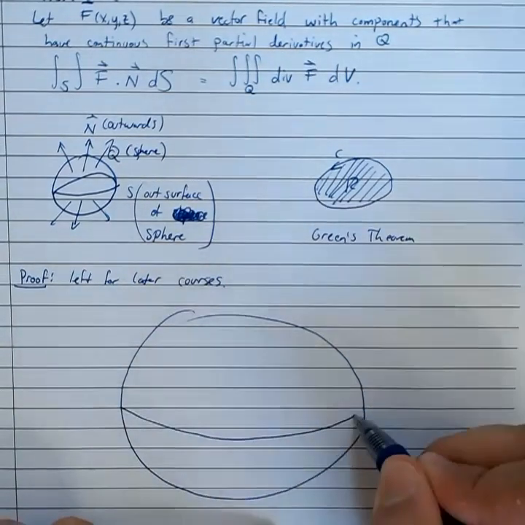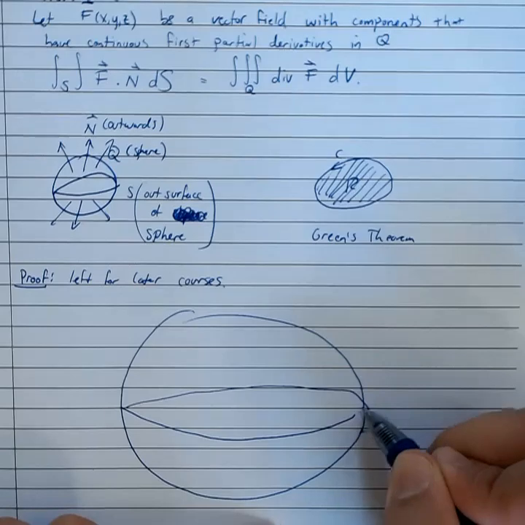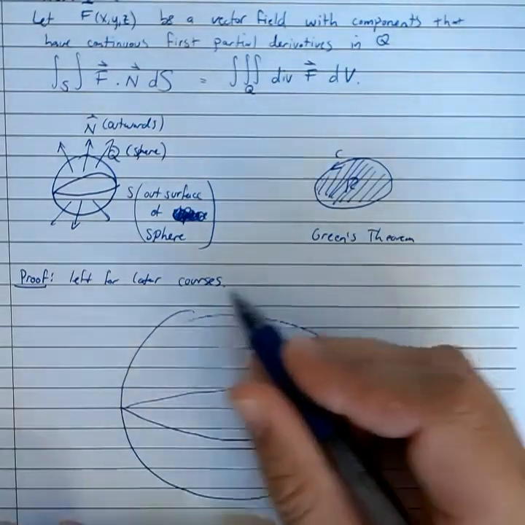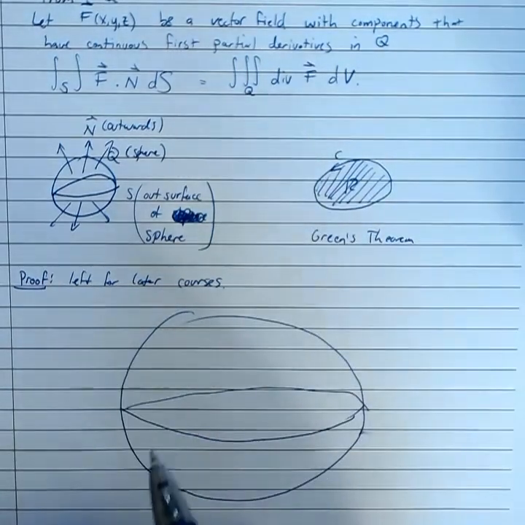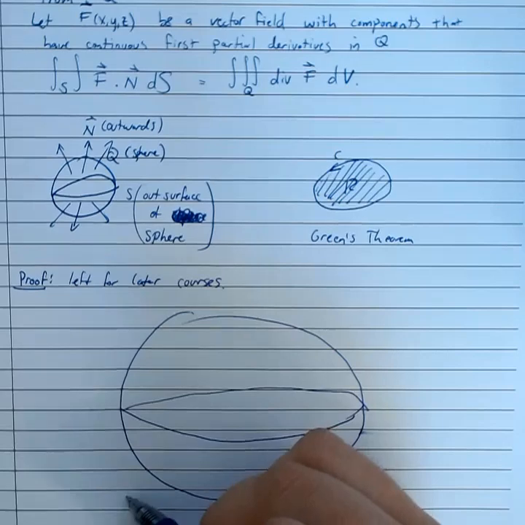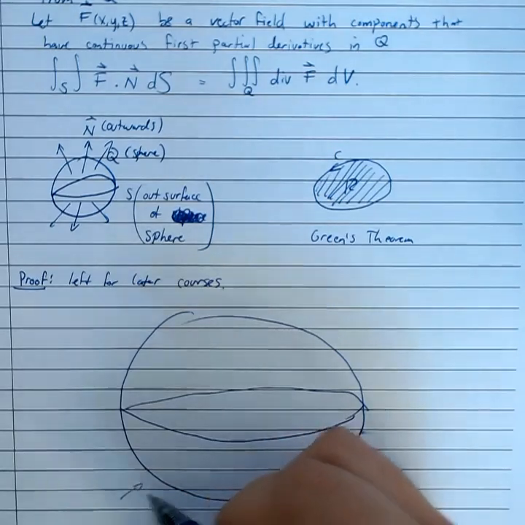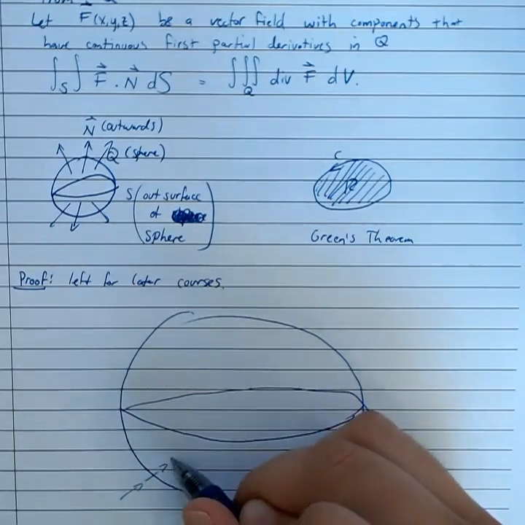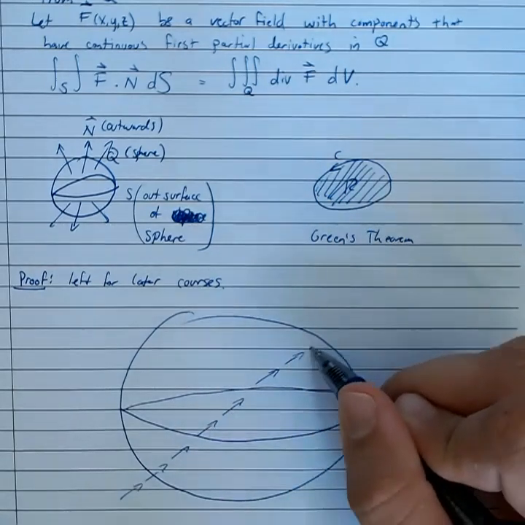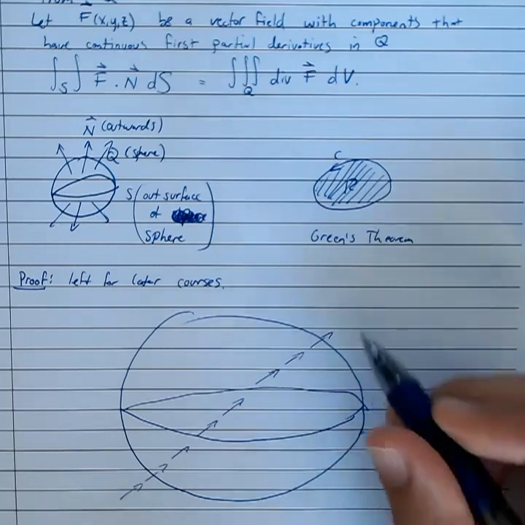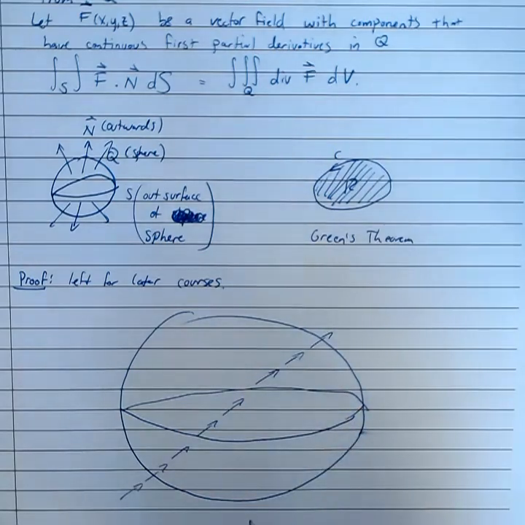Now, that solid region Q is bounded by some skin, some surface, which we call S. Now, I have a vector field which is flowing through. I have vectors which represent the flow of some fluid. Of course, it doesn't have to represent that, but for the purposes of this explanation, it will.